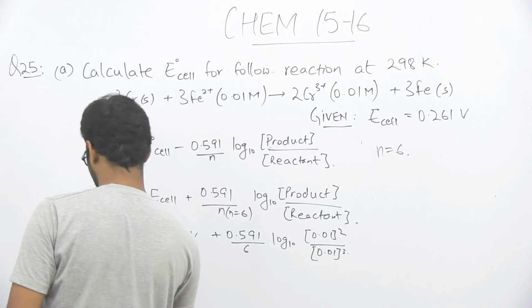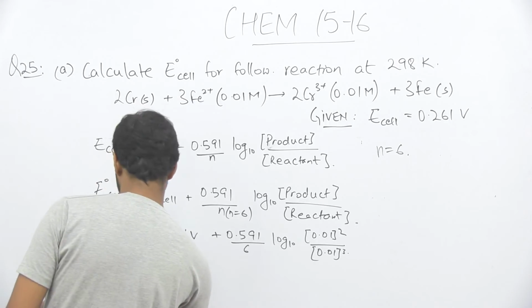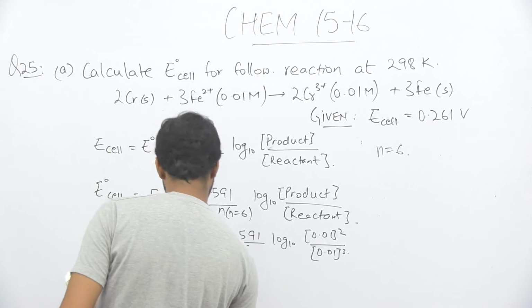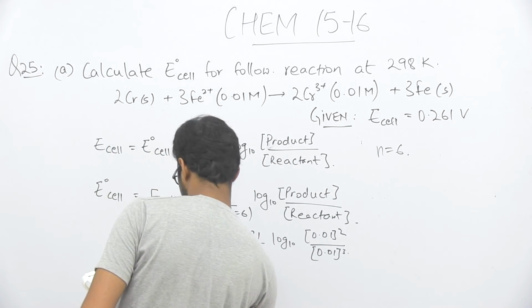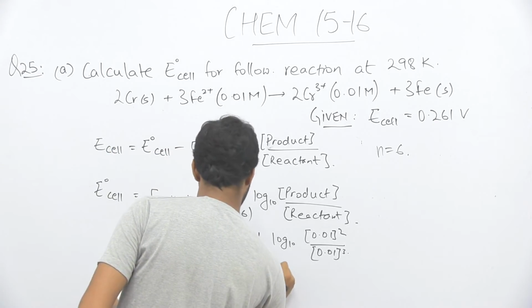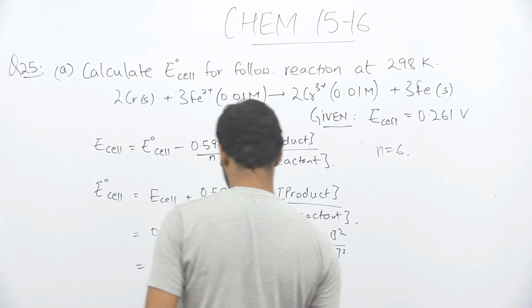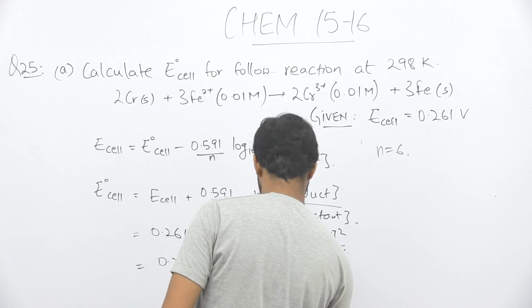So finally solving it, we get 0.261 plus this is evaluated as 0.009 into log to the base 10 of 10 raised to power 2.